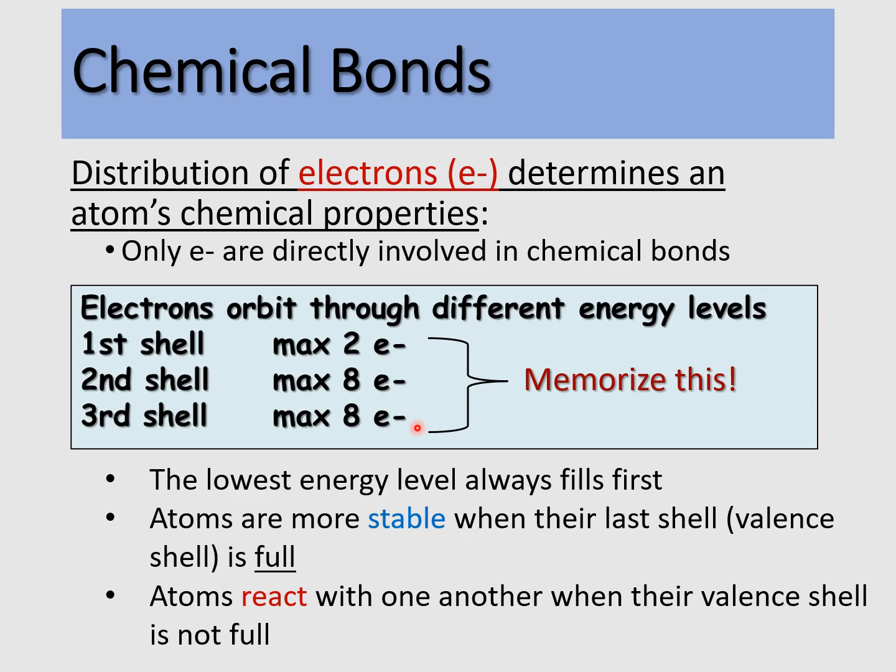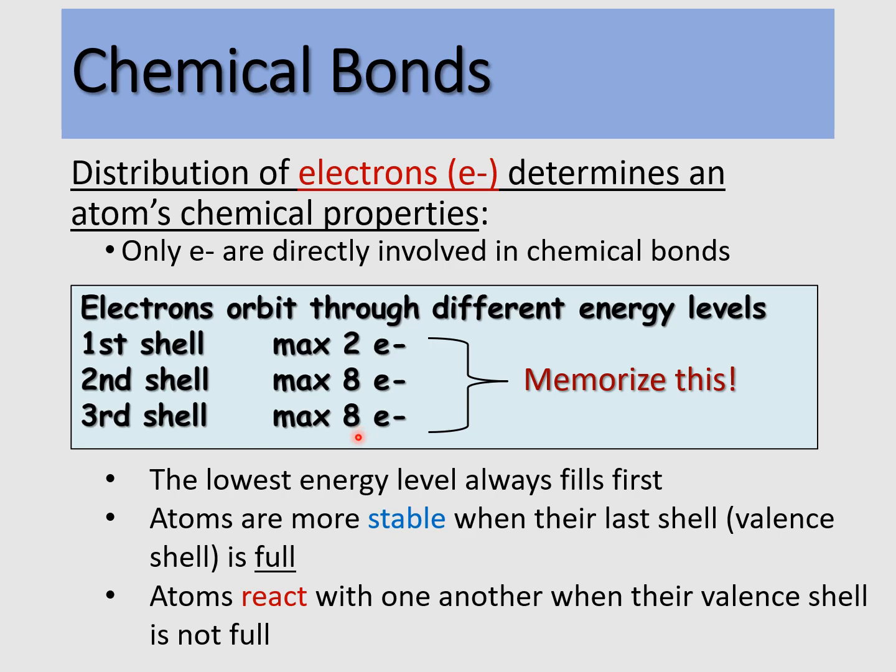And when atoms have their last shell, which is called the valence shell, whatever that may be, whether it's the third shell or the fifth shell, that last shell is their valence electron, and when the max number of electrons are in there, it's the most stable. So if we fill up that last shell, say it's the third shell, with all 8 electrons, it's going to be very stable.